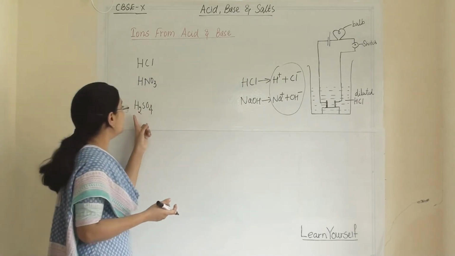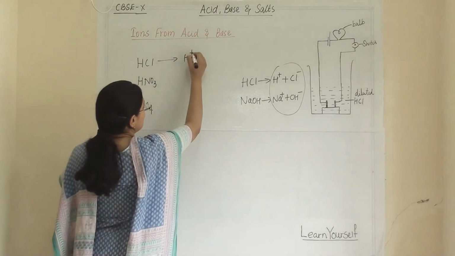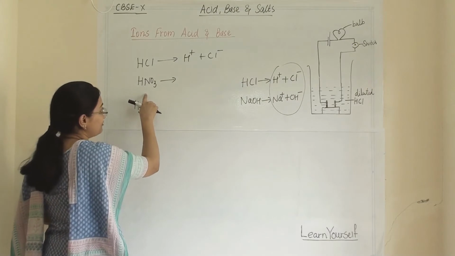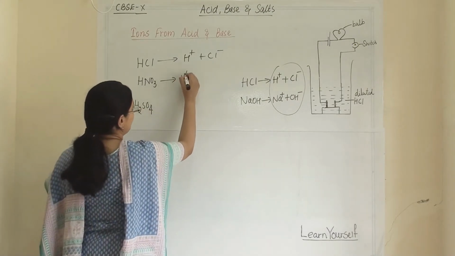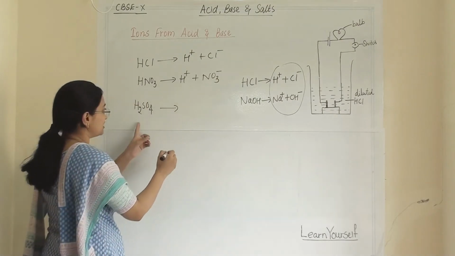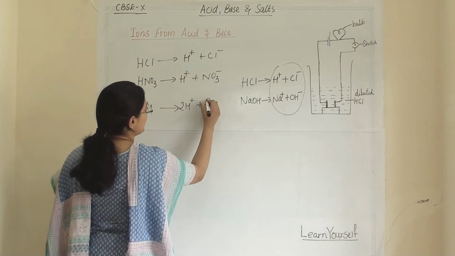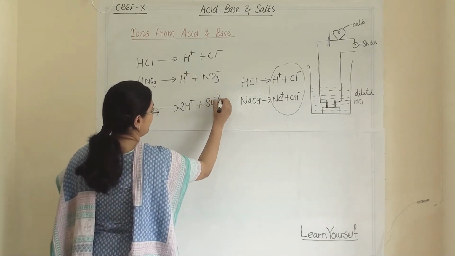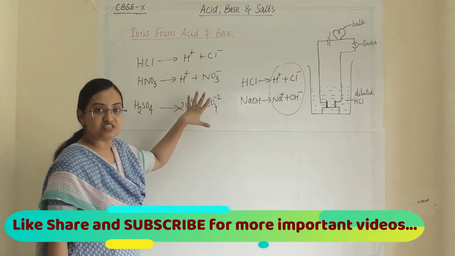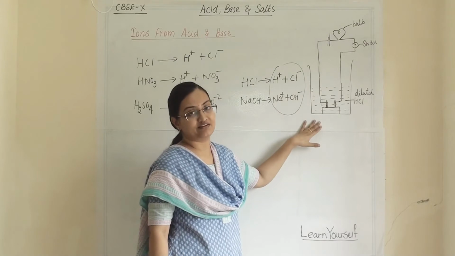When acid you are mixing with water, we will get H plus and Cl minus. In case of nitric acid, we will get H plus and NO3 minus. In case of sulfuric acid, we will get 2H plus and SO4 2 minus. So all these ions are responsible and they are becoming the carrier of electricity.